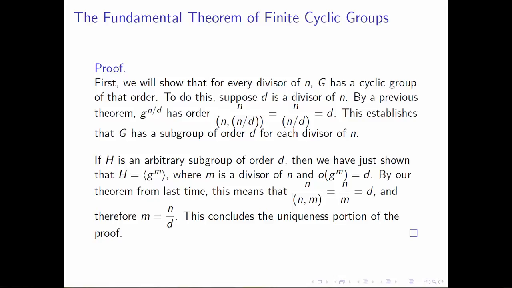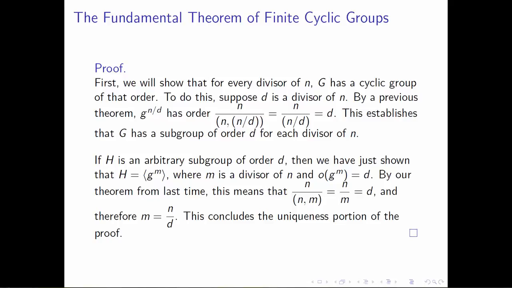So m is a divisor of n, and because H is a subgroup of order D, and H is the group generated by G to the m, we know that the order of H, which is D, is the order of this generator, G to the m. So the order of G to the m is equal to D. By the previous theorem, which tells us how to compute the orders of powers of G, the order of the element G to the m is given by n divided by the GCD of n and m.